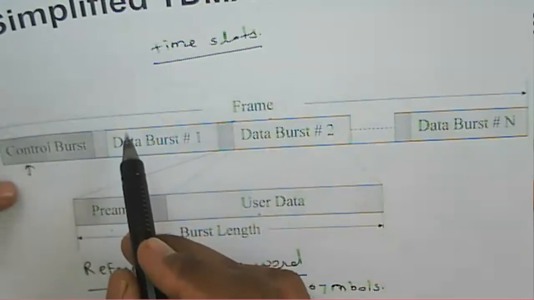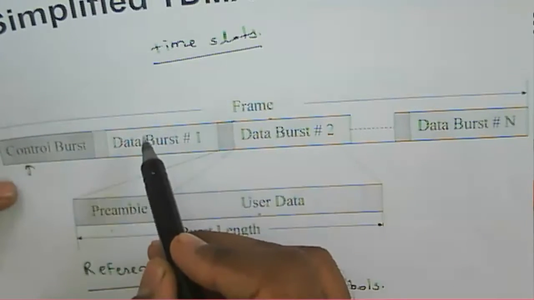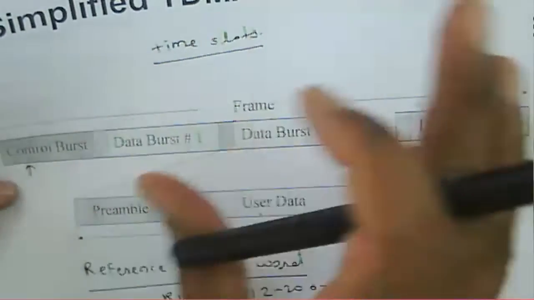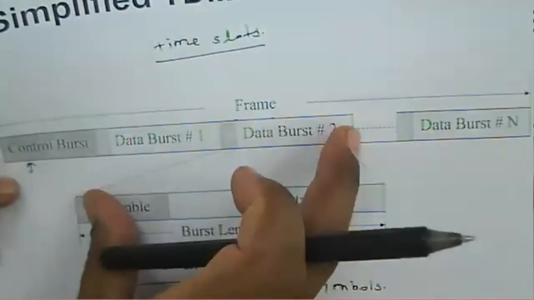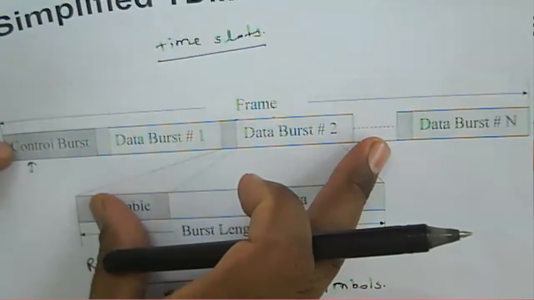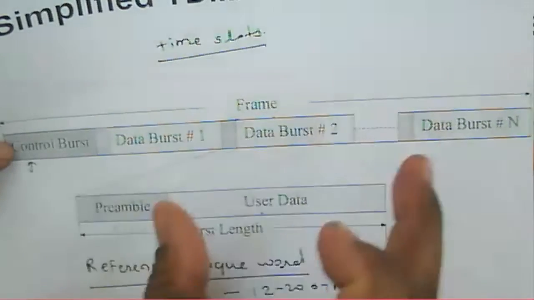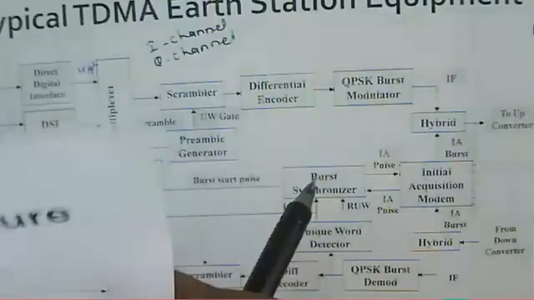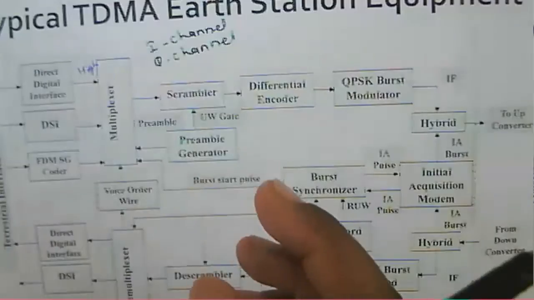These frames are a repetitive pattern when we transmit the data, and that repetitive pattern has some particular power spectrum.